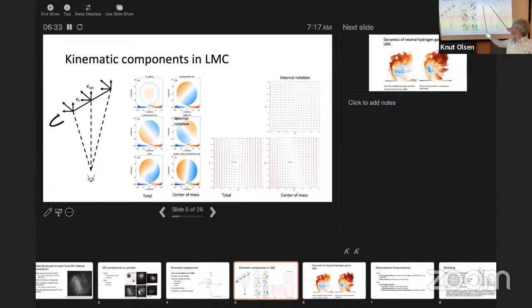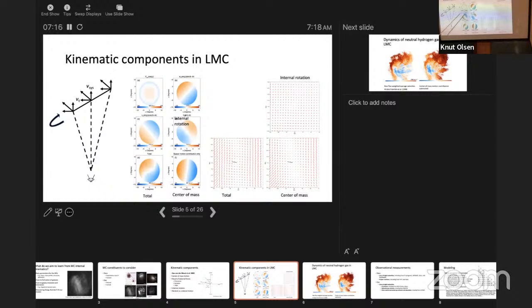Since it subtends a large angle on the sky, its space motion vector, so the center of mass motion vector, has different projections into the line of sight and also into the tangent plane, depending on where you look, right? So I'm showing this in these diagrams here, where you can break apart the different components of the internal kinematics. Here on the upper left is just the line of sight motion, which if you map it across the sky, has sort of a bowl shape because you're seeing the effect of that projection.